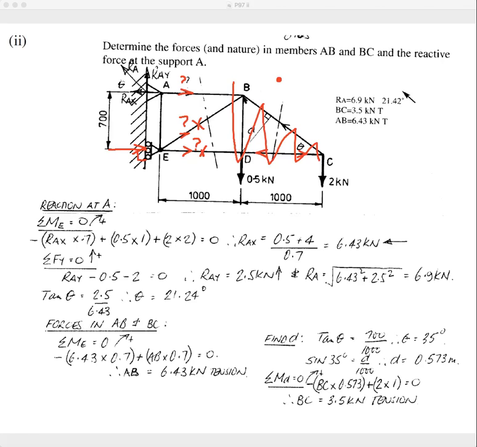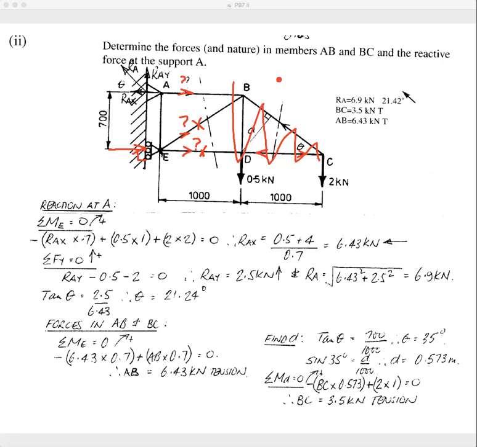You can take moments about B, C, anywhere, and the sum of the moments will equal 0 for this cut section. But it's silly to take moments about a point where it's not going to eliminate the two unknown forces here. So you look around and see where these two forces meet, because that force there is the one that we want to find.